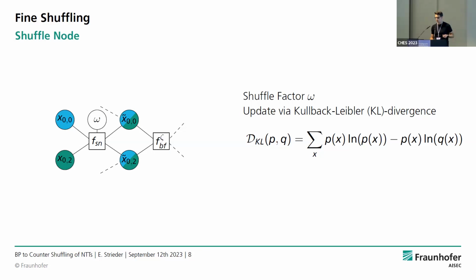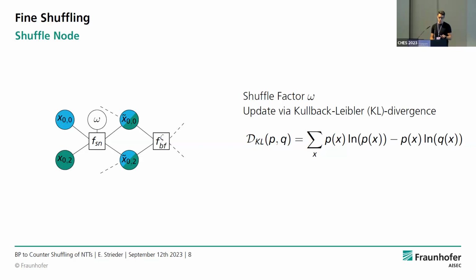During iterations of the belief propagation graph, the distributions at the original nodes tend to go in a certain direction. We measure these distributions using the Kullback-Leibler divergence with the measured distributions and find out how the nodes were shuffled, and we can push the graph in a certain direction here. So both possibilities: the first one was mixing the priors, and the second was using this shuffle node.